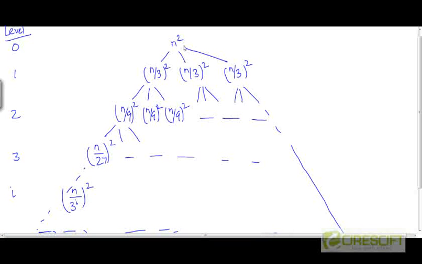When i is equal to 0, we have 3 to the power 0, which is 1. We just have n squared. When i is 1, we have n by 3 whole thing squared. When i is equal to 2, we have n by 3 squared, or n by 9, whole thing squared. When i is equal to 3, we have n by 27 squared, and so on.